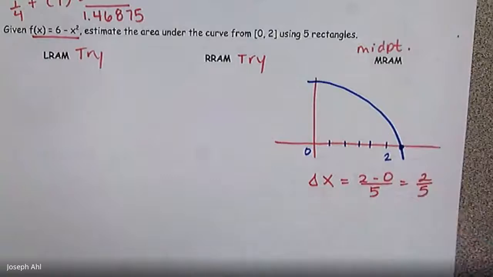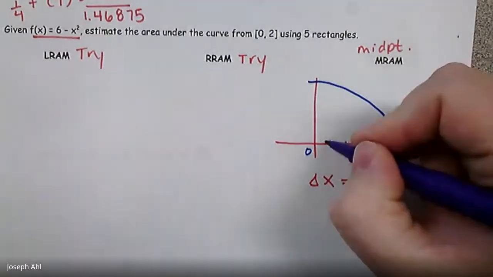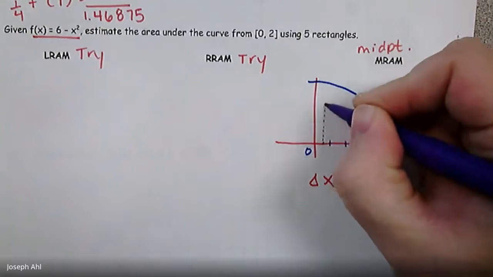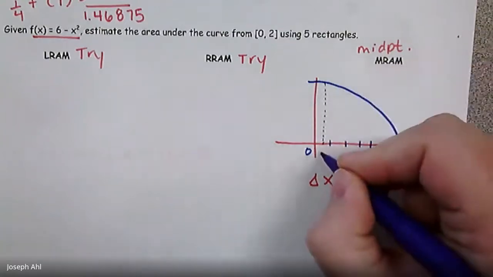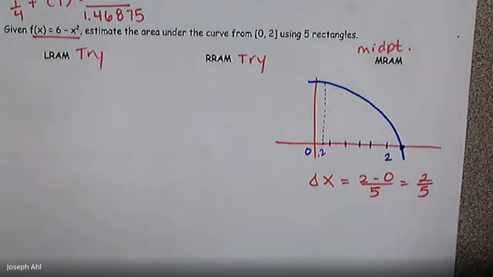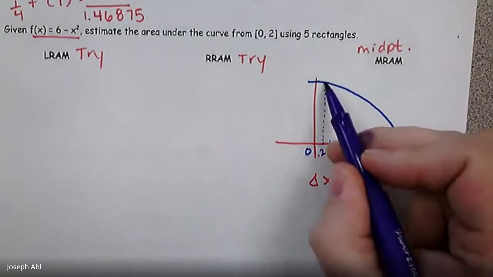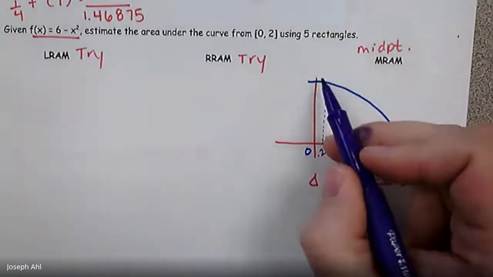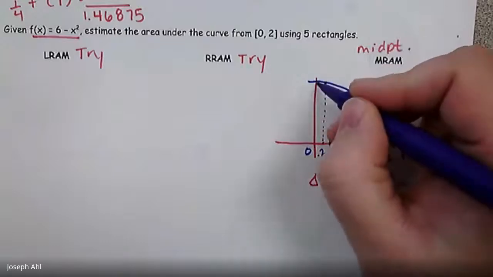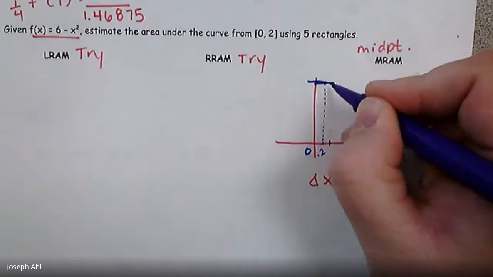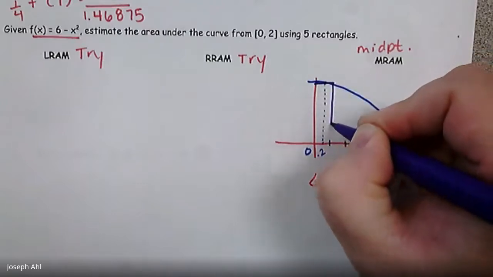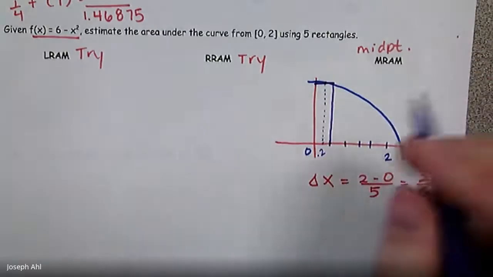Well, in between 0 and 0.4, the first height that you're going to draw is the middle of this interval, which is at 0.2. And notice how if this is the height of the rectangle, you're going to get part of the graph that is under, and then part of the rectangle that's over. It's a little tough to tell for that first one maybe.